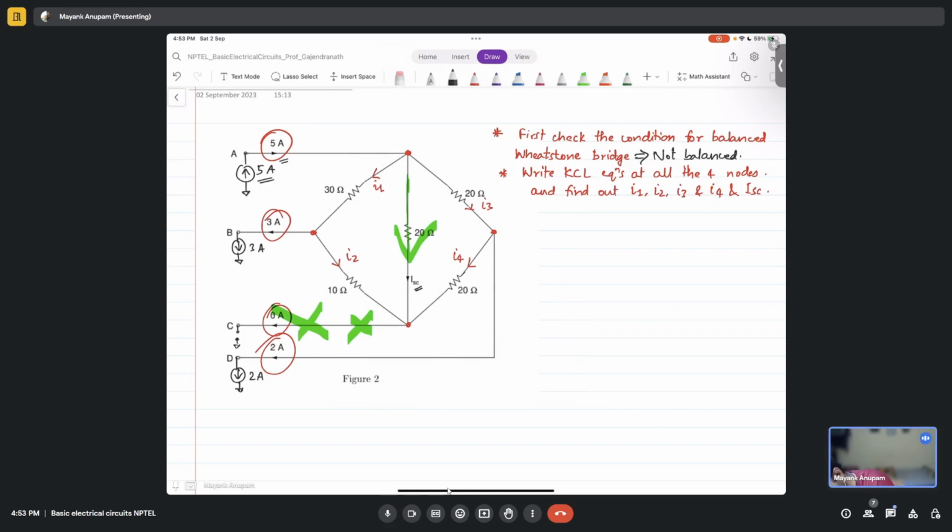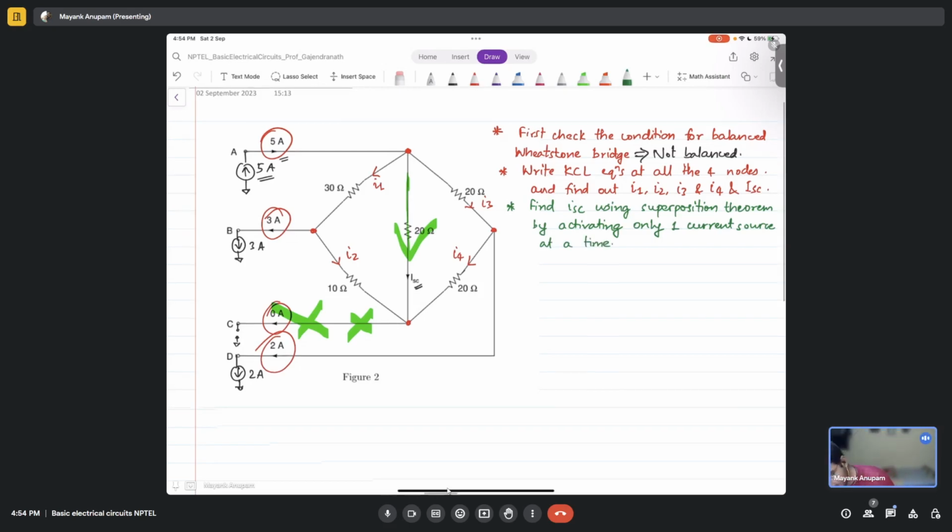So let's write it: find ISC using the superposition theorem by activating only one current source at a time.